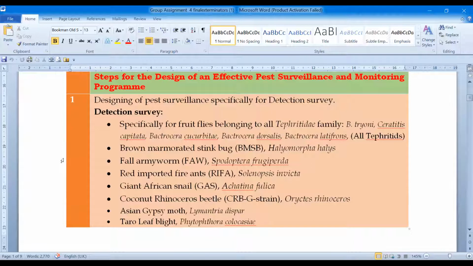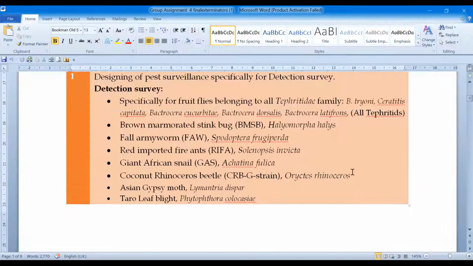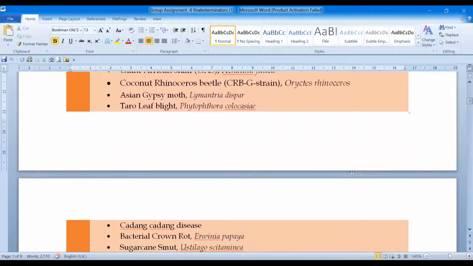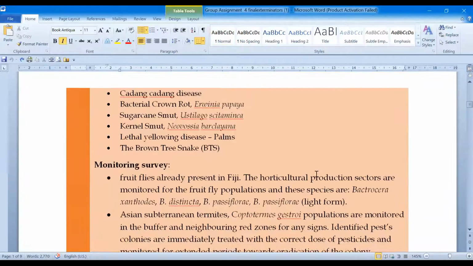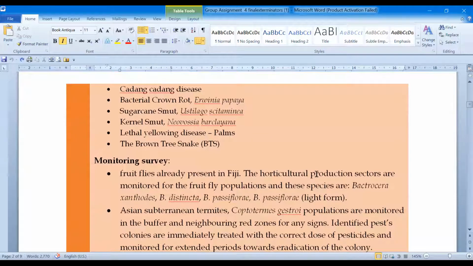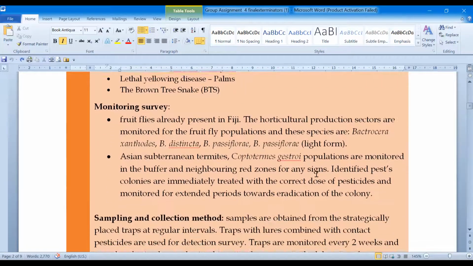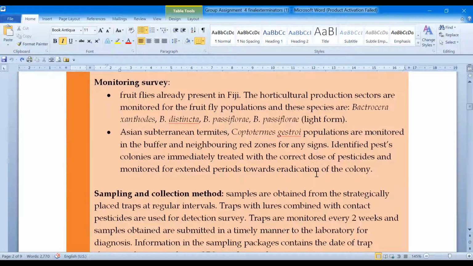And then the brown marmorated stink bug, the fall armyworm, the red imported fire ants, the giant African snail, the coconut rhinoceros beetle, the Asian gypsy moth, the taro leaf blight, the codling disease, the bacterial crown rot, the sugarcane smut, kernel smut, the lethal yellow disease, the brown tree snake. So this is more like the target of the survey.